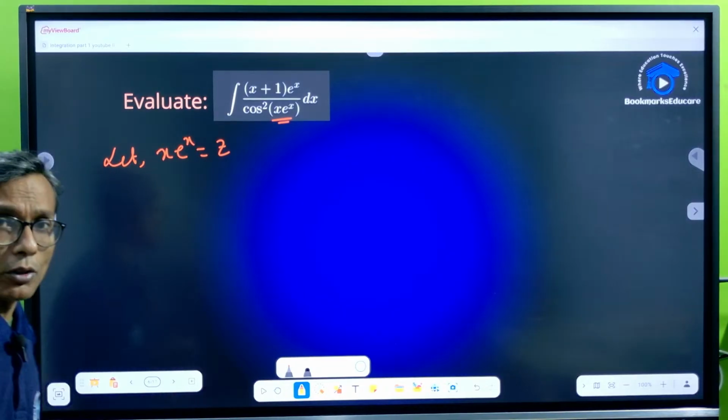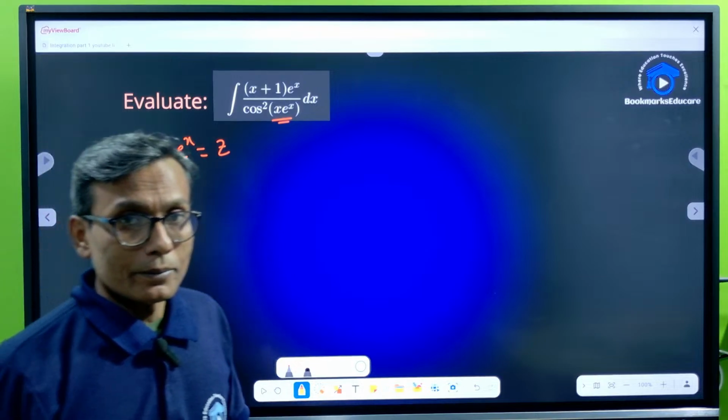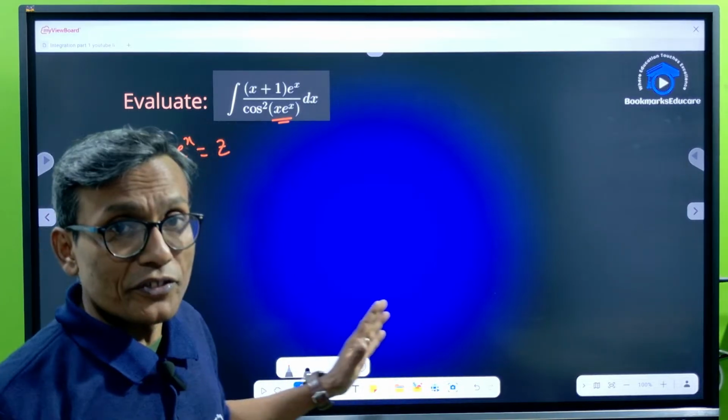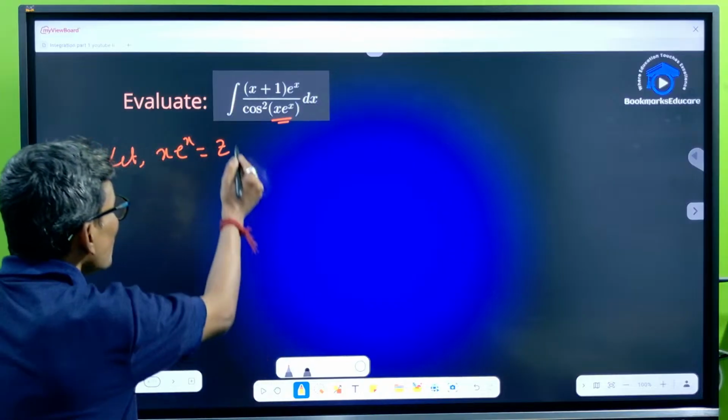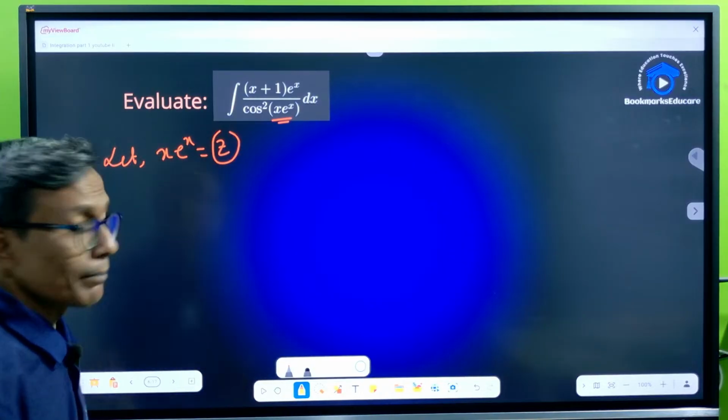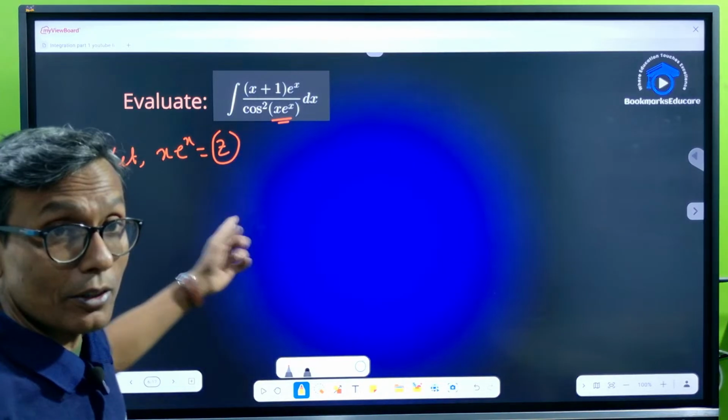So differentiating on both sides, first of all we have to find out the differential of the new variable, that is, we have to find out dz.